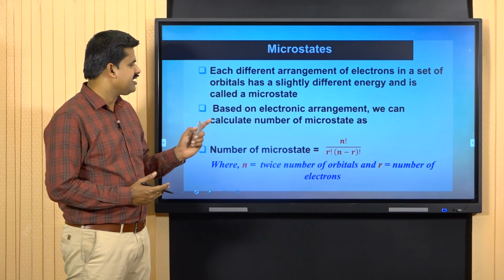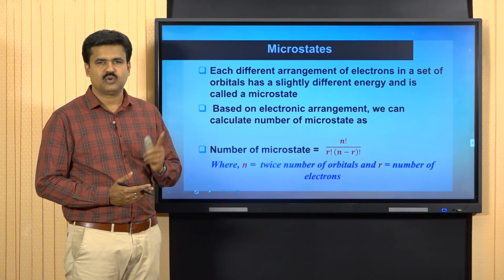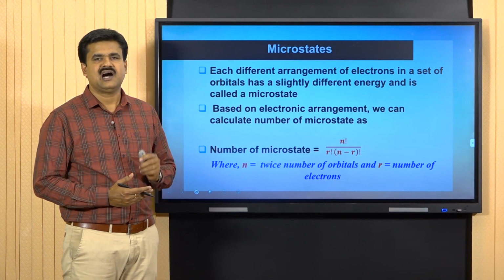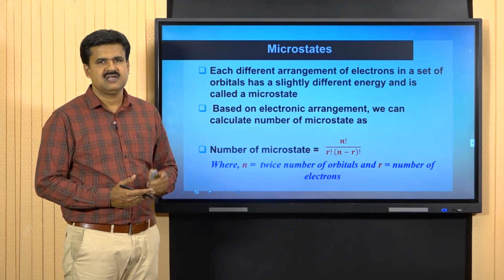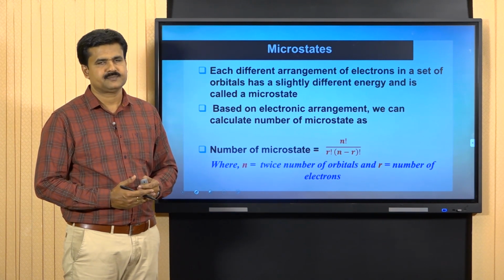Here, n represents twice the number of orbitals and r represents the number of electrons already present in the configuration.